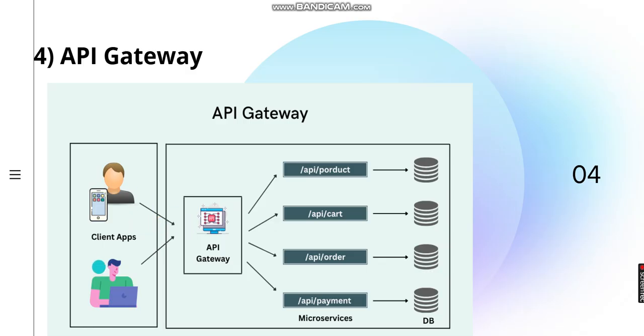So it gets all the requests, and based upon routing, sends each request to that particular microservice, and we get the response also via the gateway towards the client. API gateway simplifies API management and improves scalability and security.